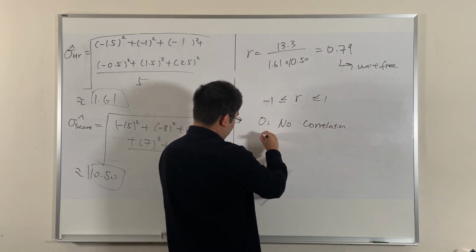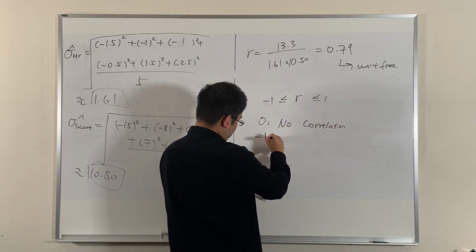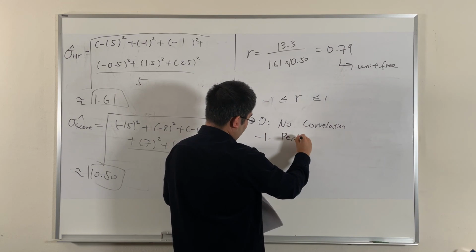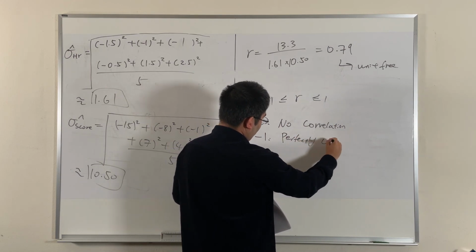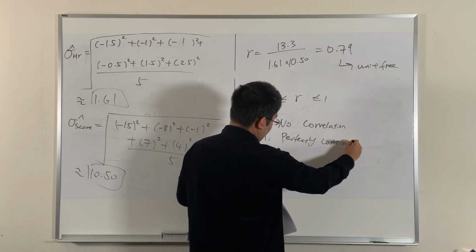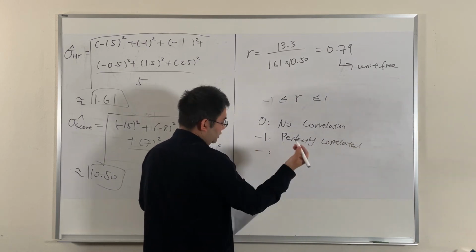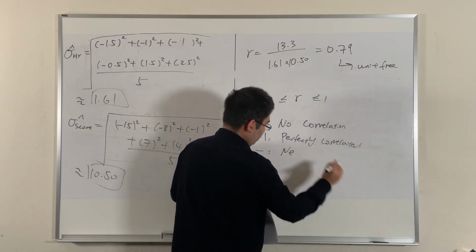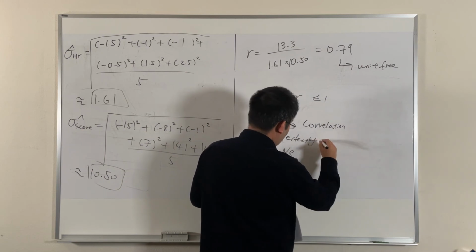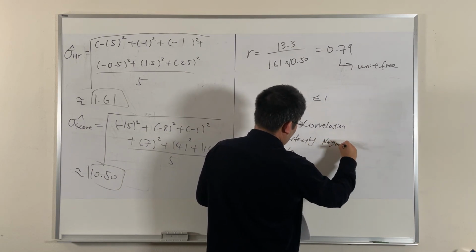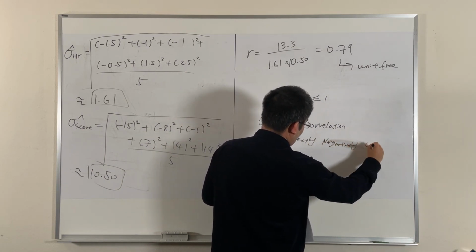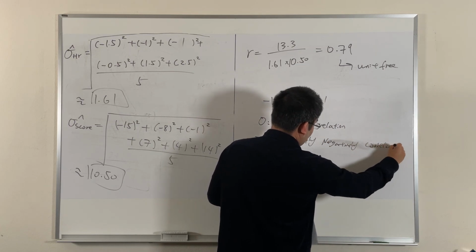And -1 means perfectly negatively correlated.